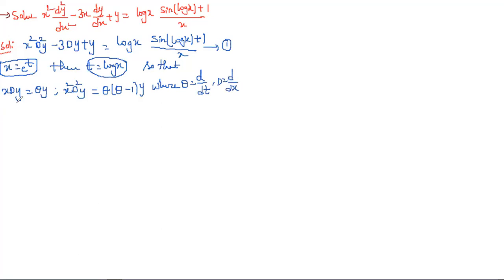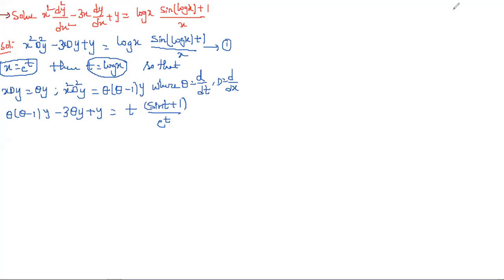Now you can substitute all these things in equation 1. Then theta into theta minus 1 into y minus 3 into x dy, that is nothing but theta y, plus y is equal to log x, which is nothing but t, sine t plus 1 by x, which is nothing but e power minus t.